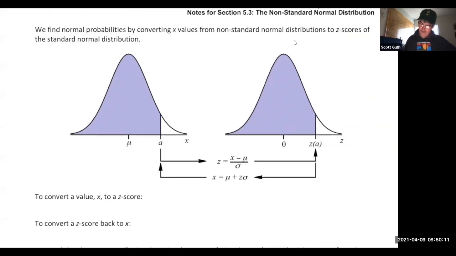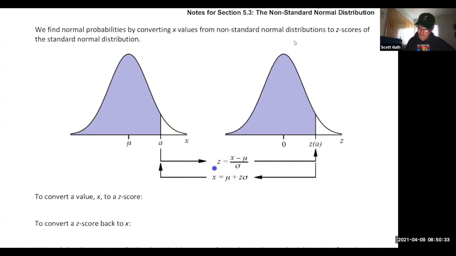Then this discussion is about converting from z back and forth to x. If you have a value of x that needs to be converted to z, you've got this formula, and it goes on the z number line.